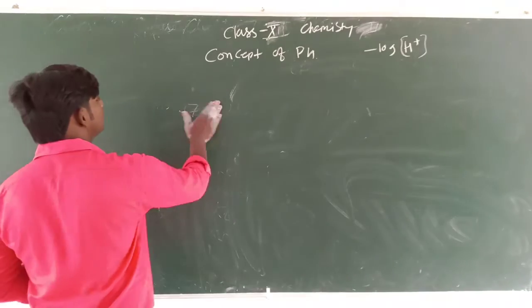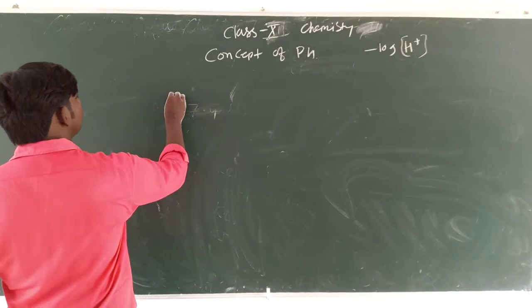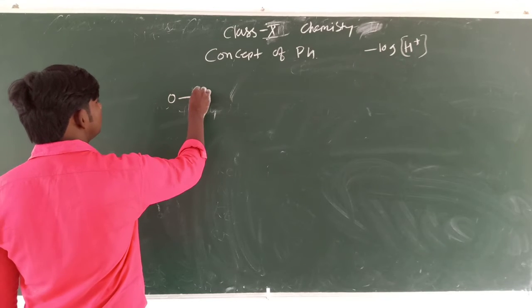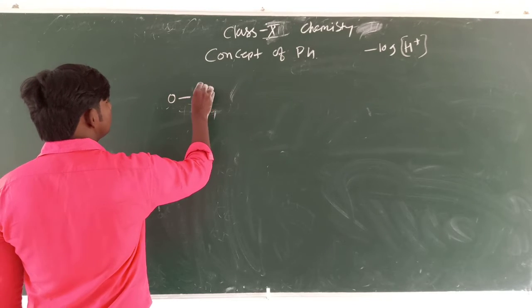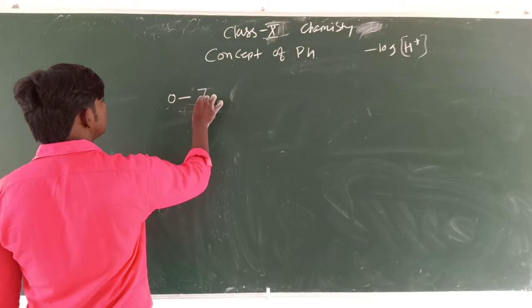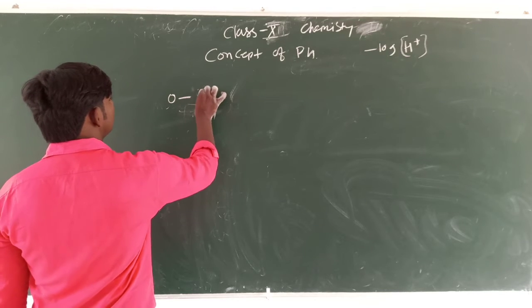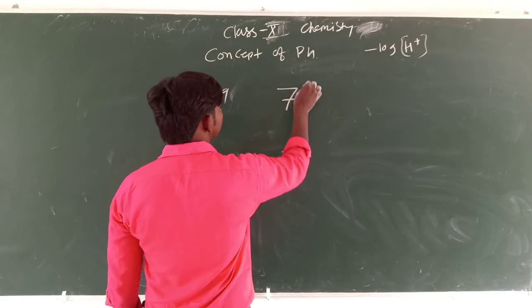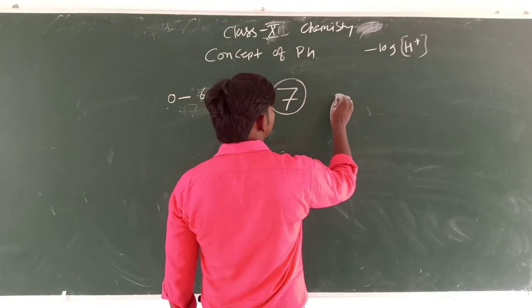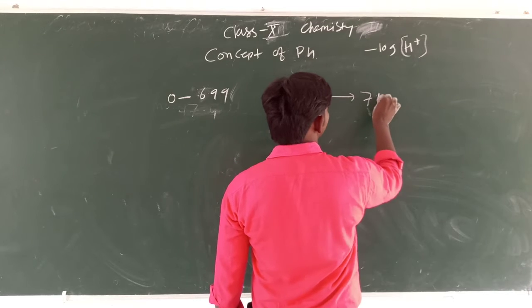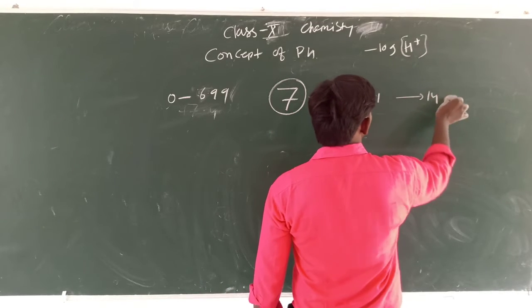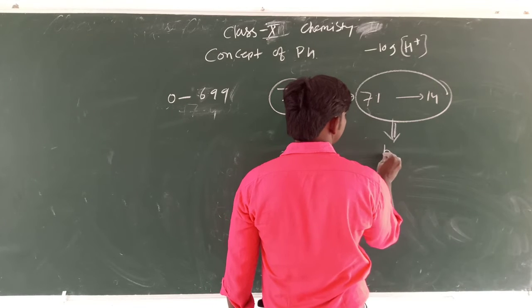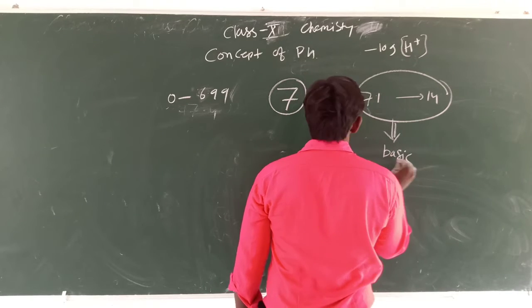How? See, from 0 to 6.99, and 7, and if you go above 7.1 to 14, this is basic, okay.